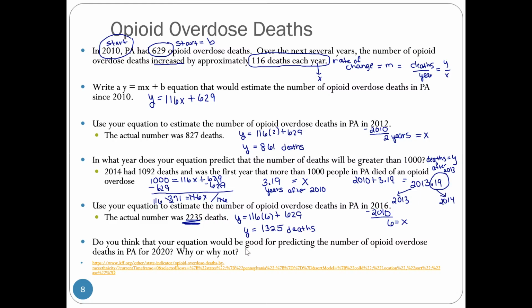And my answer here is no. And the reason why I would say no is because from the math I just did, by the year 2016, actual deaths no longer matched the linear trend.